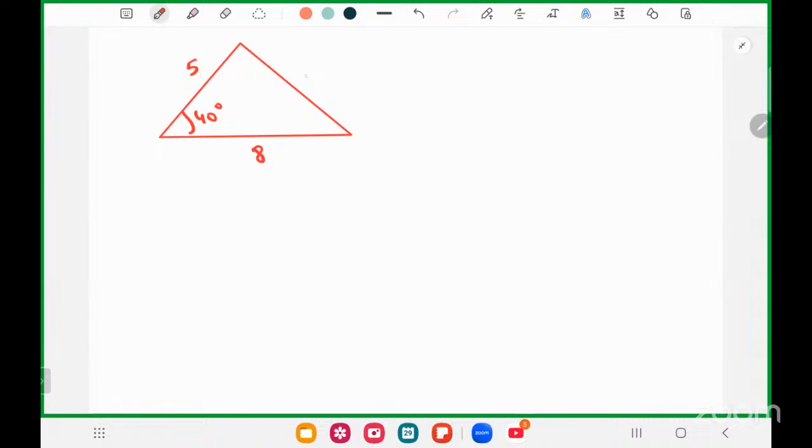I am told to find x and area. So please observe and note down and identify whether in order to find x, we will apply sine rule or cosine rule.